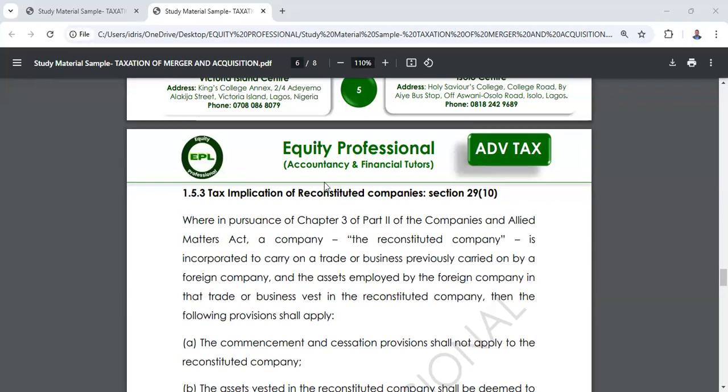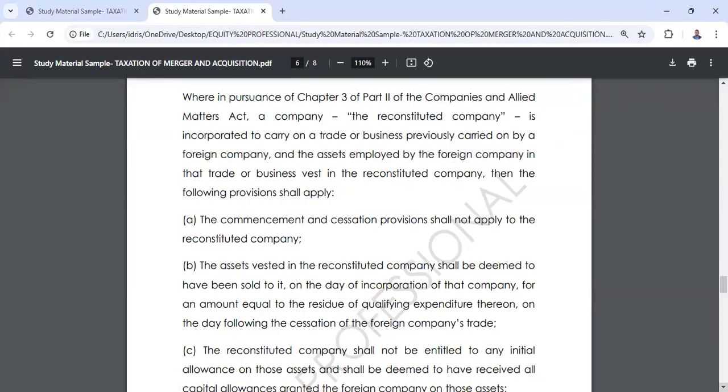Another tax implication: the assets vested in the reconstituted company shall be deemed to have been sold on the date of incorporation of that company, for an amount equal to the residue of qualified capital expenditure thereon on the day following the cessation of the foreign company's trade.